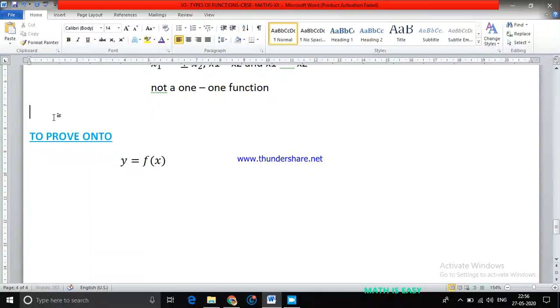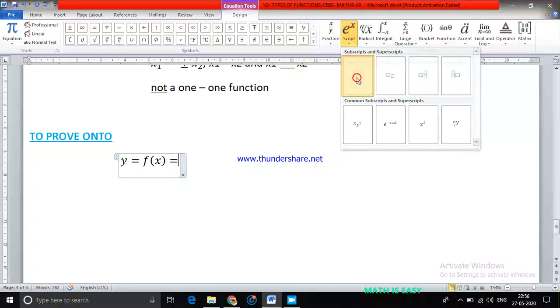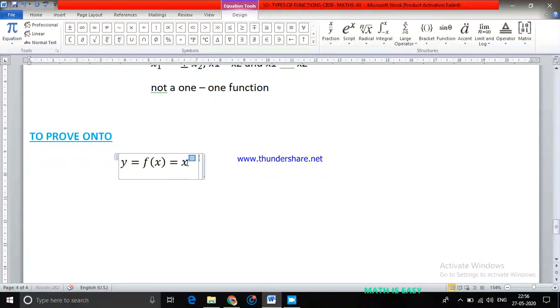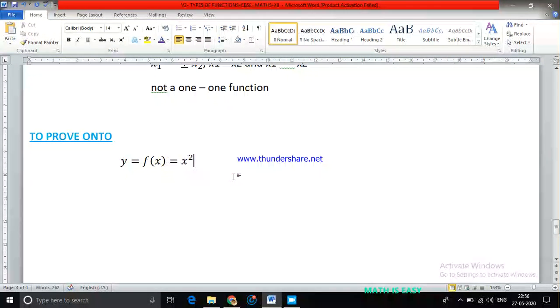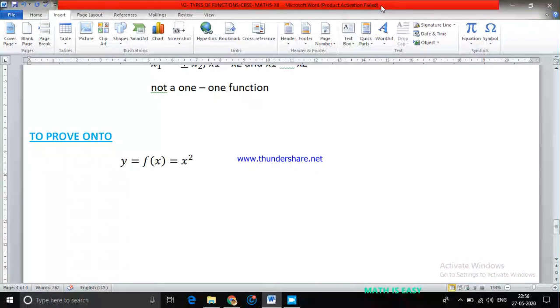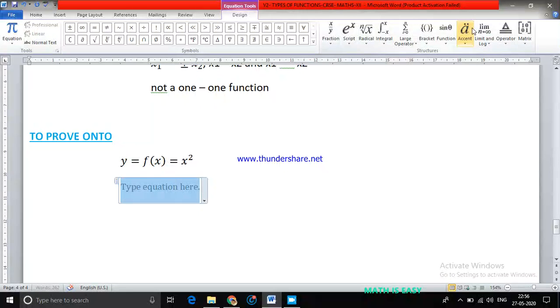Now what about the onto function? How do I solve it? y equals f of x equals, what is the f of x function given to us? x square, right? To find the x value for the onto function, y equals f of x equals x square. Now y is a function in terms of x. In the next step I convert this to x as a function of y.